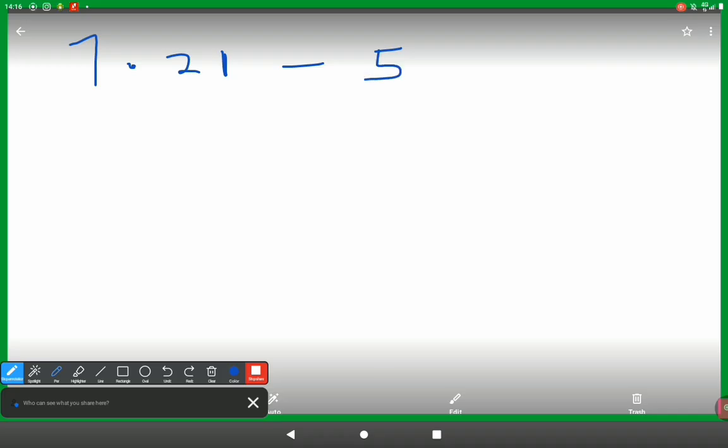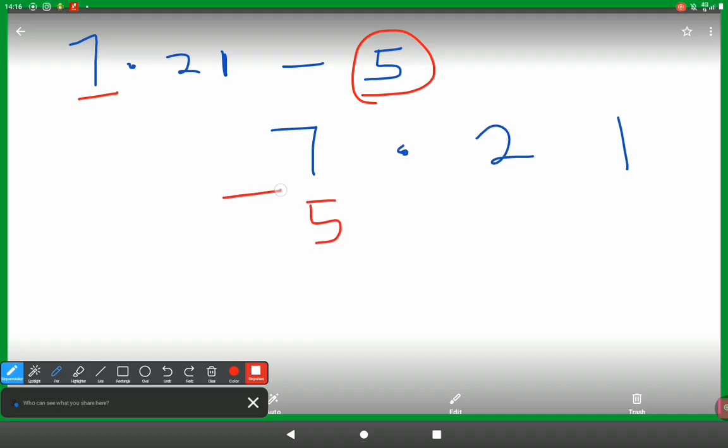How can we do this? Same way, using the column method, locate your values. The 7 is a 1, so put there 7 decimal point 2 1. After that, do not forget this is also 1, so you locate it under the ones. 7 is ones, so you put this 5 under the 7 and you subtract.